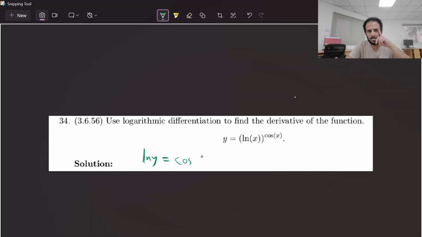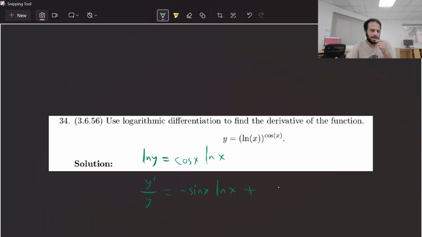Ln y is equal to cos x into ln x. Yes. Then the derivative, y prime over y equals. It's going to be minus sine x, minus sine x into ln x.